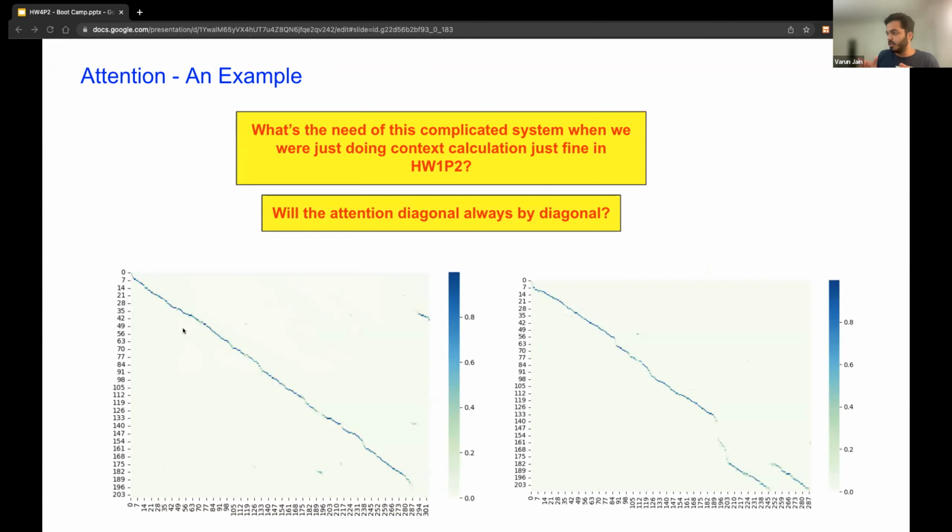That is where we want the attention to be smart enough to recognize which part to focus on, right? That is why we can't just set a diagonal for all of these things. And that's why some of you also observed that the context was in fact hurting your performance in homework 1P2, making it difficult for your model to differentiate the transitions between letters.